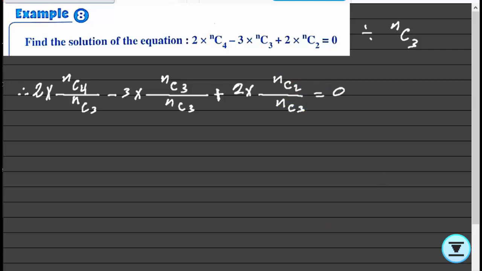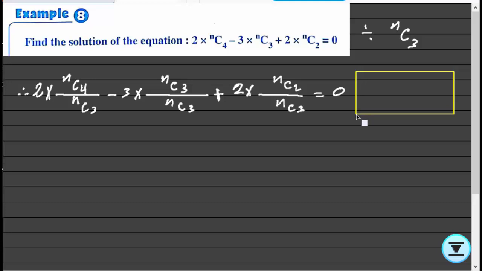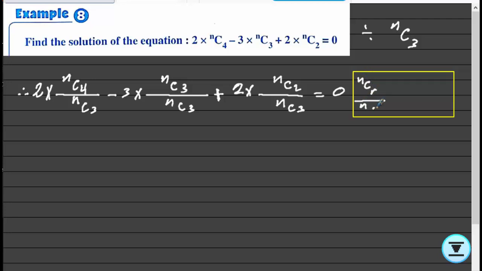We have, what is the rule here? We have nCr over nCr minus 1 equals n minus r plus 1 over r. So I'll use this rule to simplify this part.